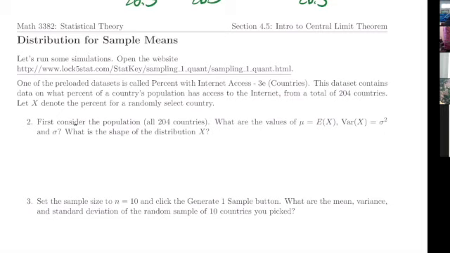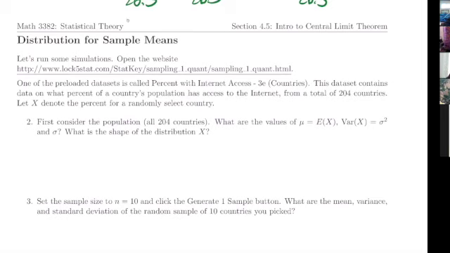I want to play around with one of these data sets. I think it would be really good for you to experiment with this website. It sinks in more when you're getting your hands dirty playing around with this, rather than just sitting back and passively watching someone tell you about the central limit theorem, which is this really, really powerful result in statistics.